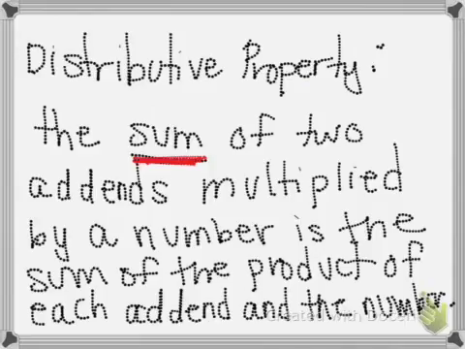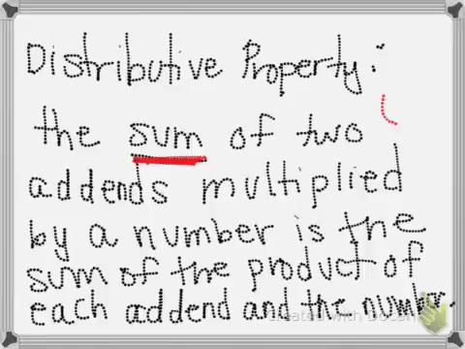Next term is distributive property. That is the sum of two addends multiplied by a number is the sum of the product of each addend and the number. So basically, what you will see, for instance, let me draw an example off to the side.